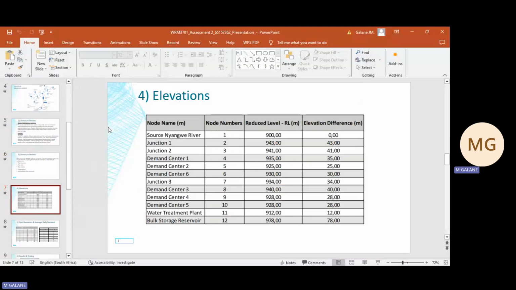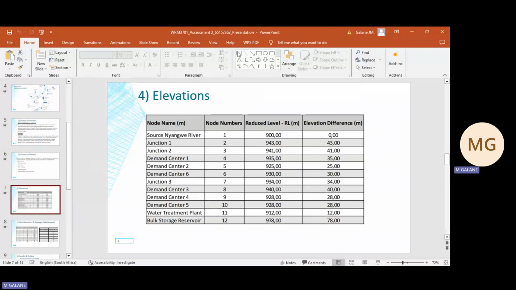And then the parameters that were used for the elevations, from the river, from junction number 1 up until 2, and different demand centers and junctions, and the water treatment and the bulk reservoir are shown on the table.